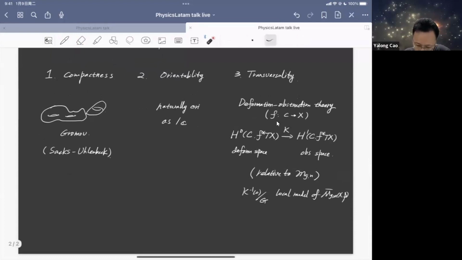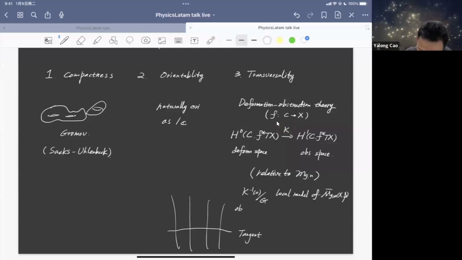The singularity of this moduli space, or the bad behavior of the moduli space, is because kappa is not in general position. Kappa behaves in a very special way, such that its zero locus is very singular. If you draw a picture, this is the tangent space, and here you have the obstruction space across the tangent space. This is a trivial bundle over the tangent space, and you construct a Kuranishi map, which is a section of this bundle.